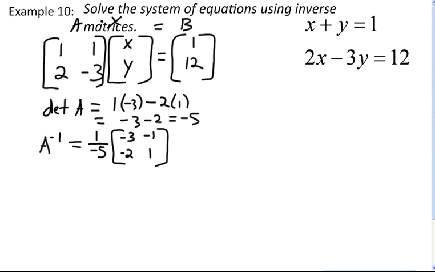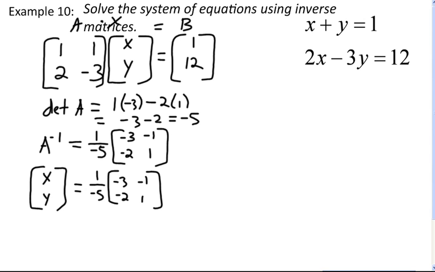The final step is to find x and y. It equals the inverse times B, which is 1, 12, the constant matrix.